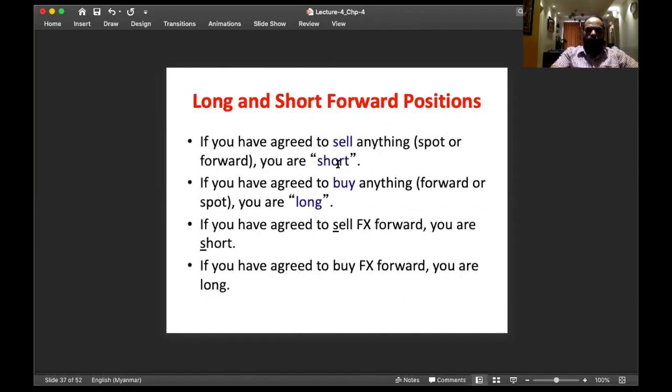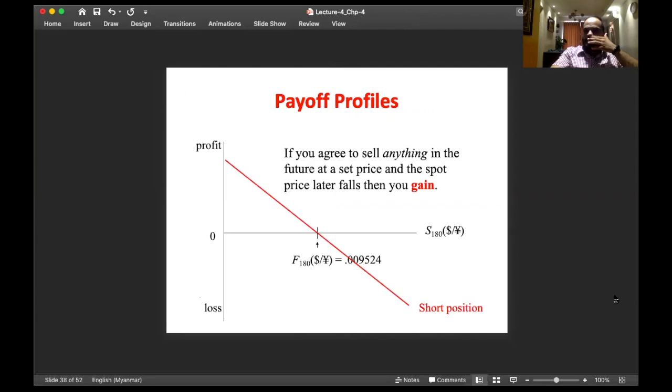If you sell short, buy long. Sell short, buy long, which I already explained to you before. Next. Now, this is the graph that we can understand. This is the short position. Short means sell. F stands for forward, S stands for spot. So this is the forward rate, 0.009524.